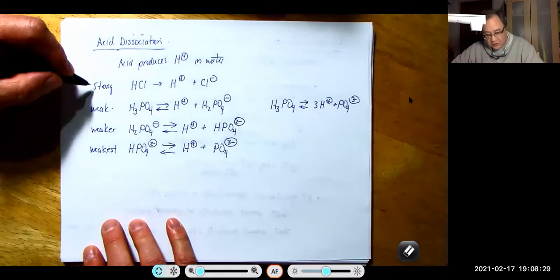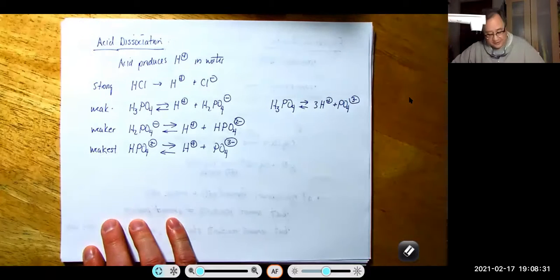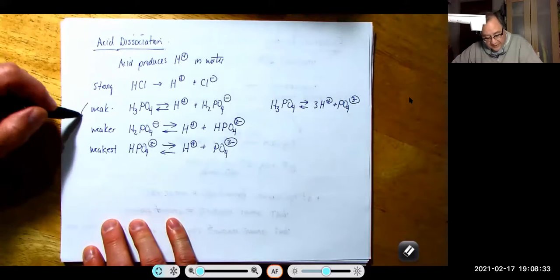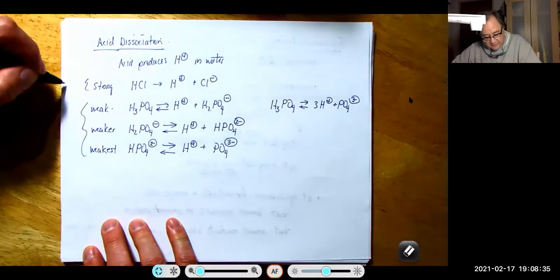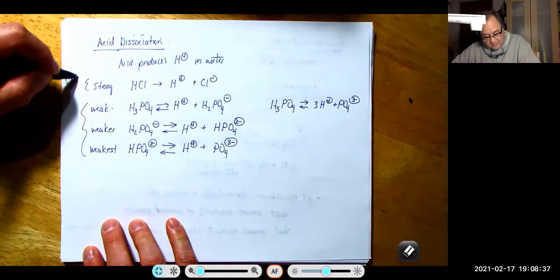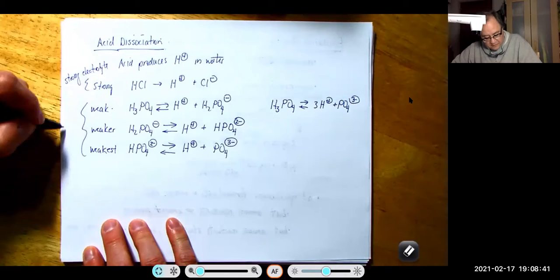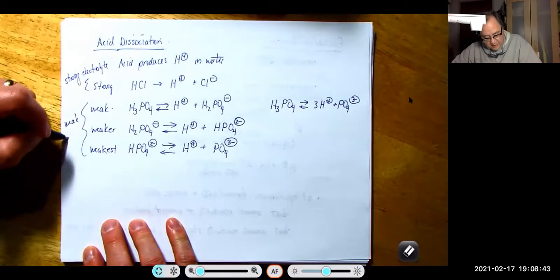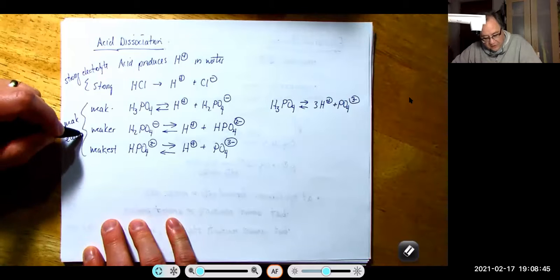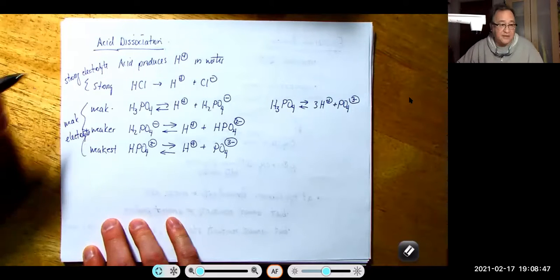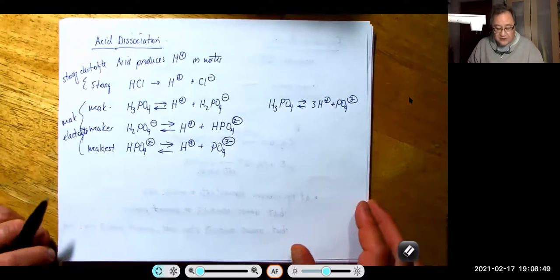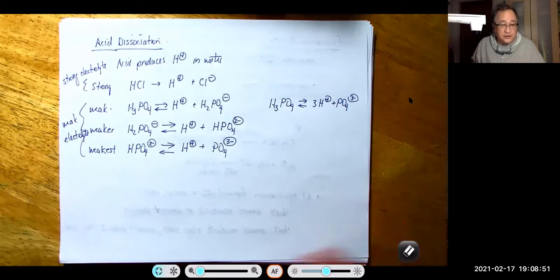Strong acids are also called strong electrolytes, and weak acids are called weak electrolytes. And the reason they're called electrolytes is because it turns out that electrolytes are ions in solution.